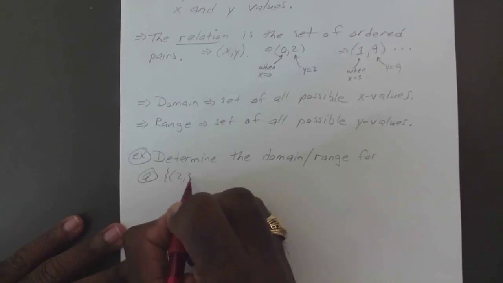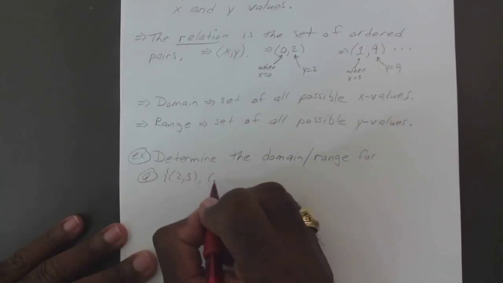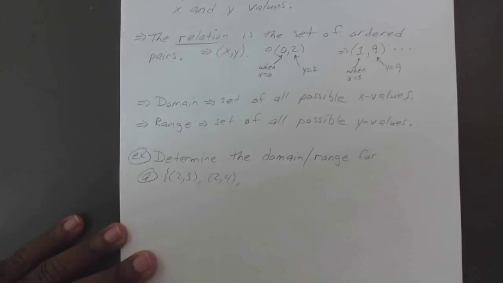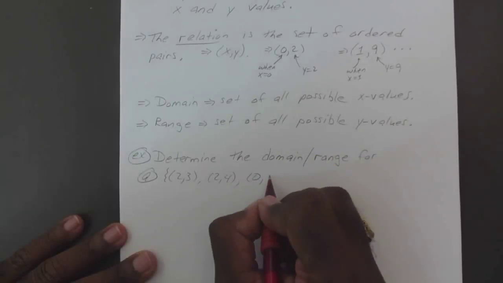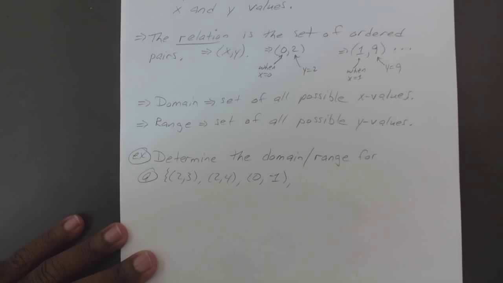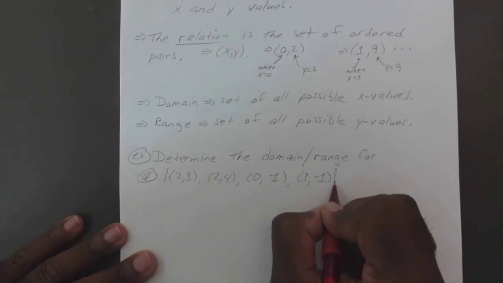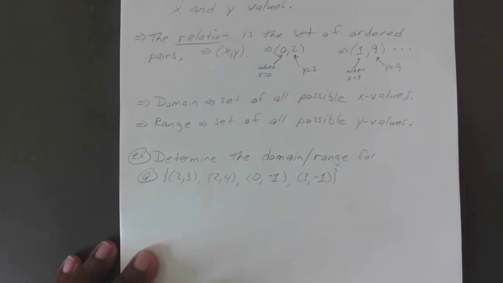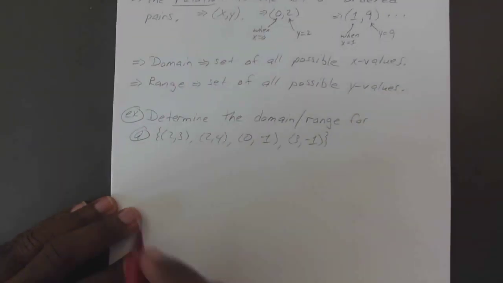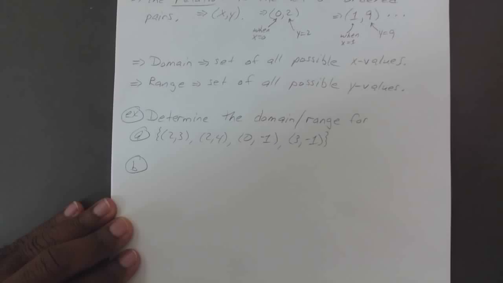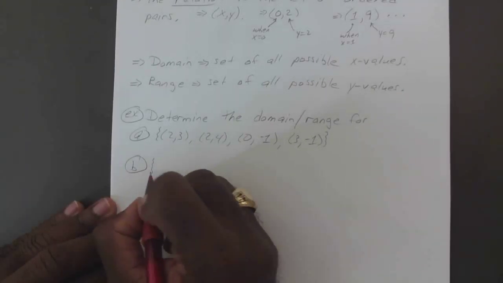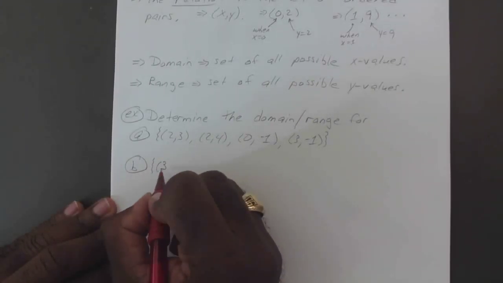You have 2, 3, 2, 4, 0, -1, and 3, -1. And let's say for B, you have -3, 1, -2, 1, 0, 1, 1, 1, and 2, 1.